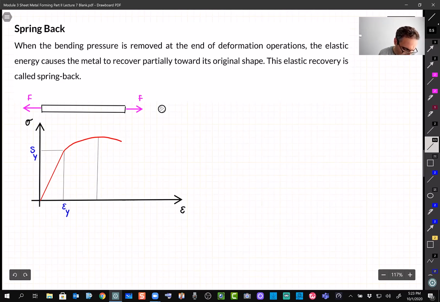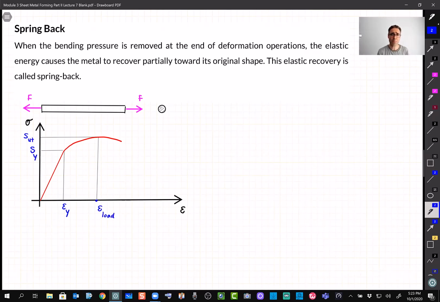So this point is our S_UT. Over here, let's call it epsilon load. We applied a load, we don't know how much, that gets us to the ultimate tensile strength, a point where we get permanent deformation.